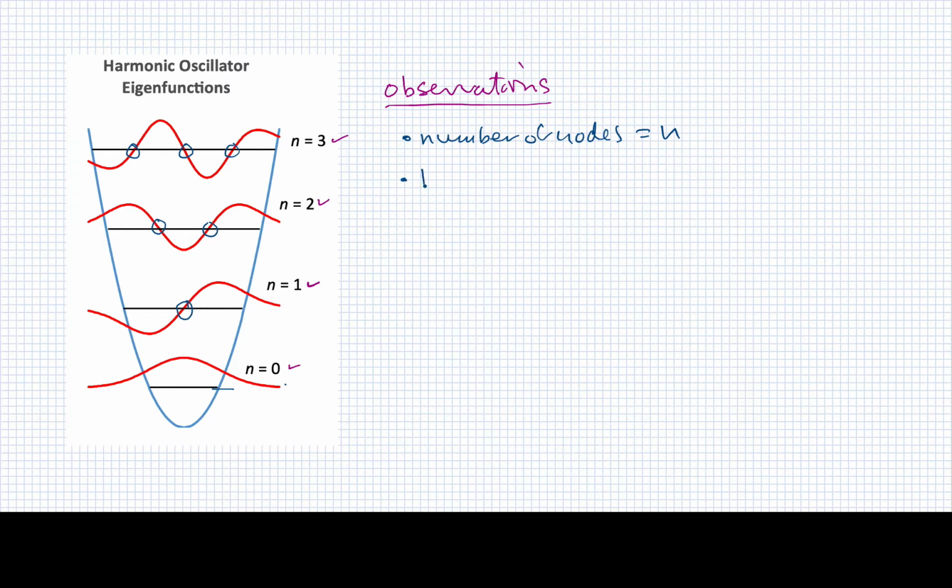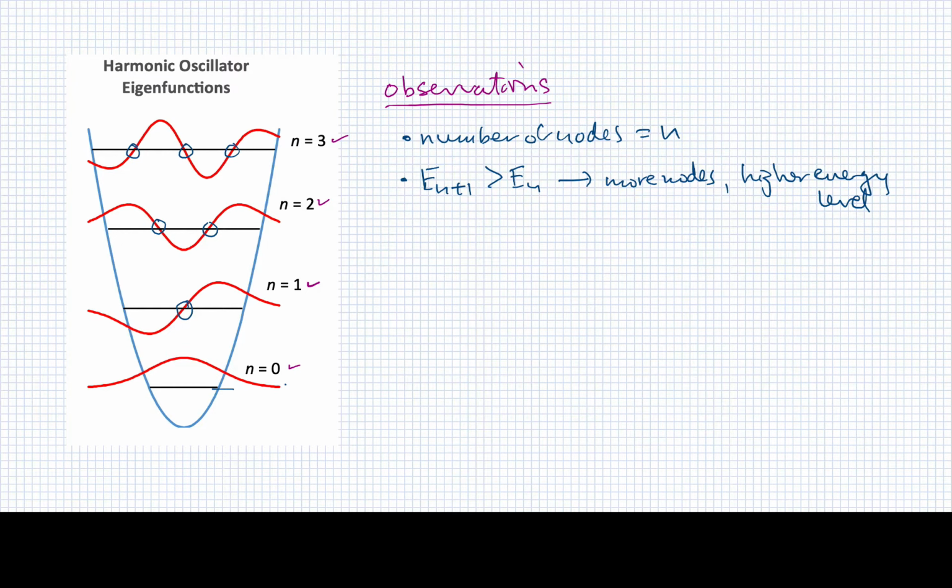We also know that when I increase the quantum number n, I get an energy that is greater than its predecessor, which is telling us that the more nodes that are present in the wave function, the higher the energy level. Now this isn't uniquely true, but it is true for one-dimensional systems that as you put more nodes in the wave function, you will always get a higher energy level.